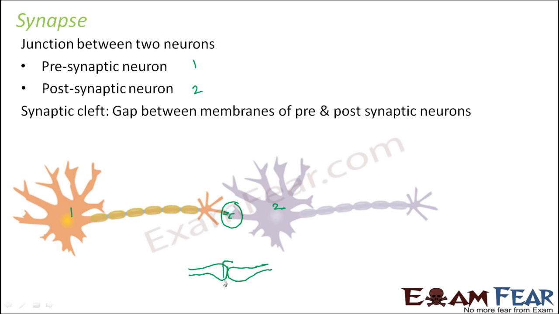This junction is the synapse. In some cases there might be a gap between these two membranes, so it can look like this also. This gap between the membranes of the pre and post synaptic neuron is known as the synaptic cleft.